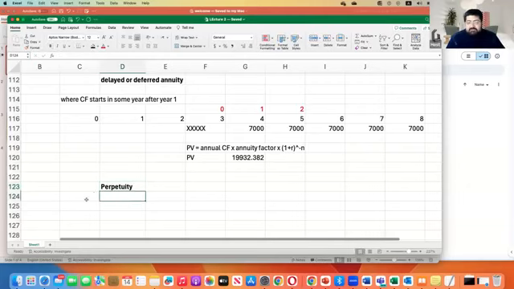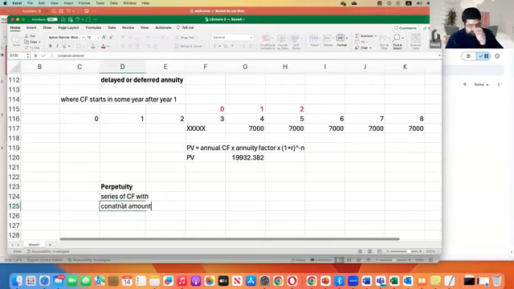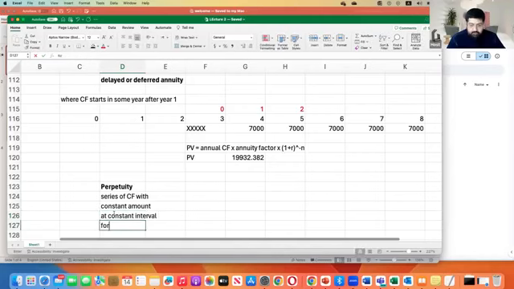What is perpetuity? Perpetuity is a series of cash flows with constant amount, at constant interval, for unlimited period of time.